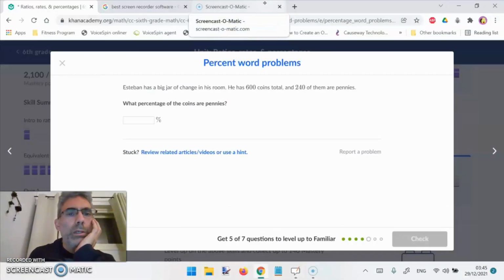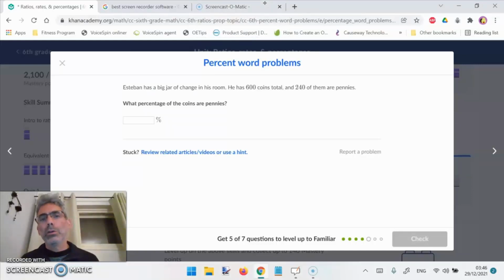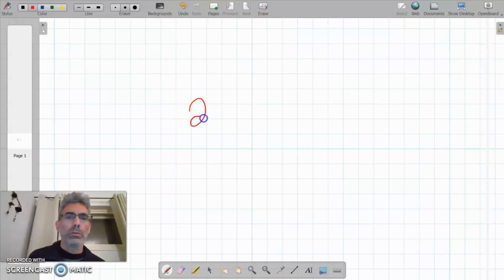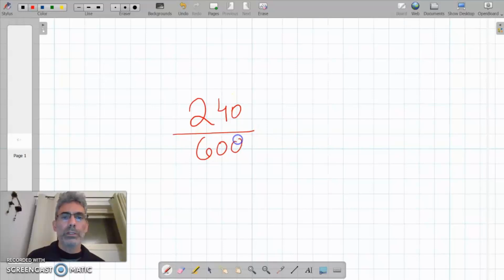Esteban has a big jar of change in his wallet. He has 600 coins in total, okay, and 240 of them are pennies. What percentage of coins are pennies? Okay. So we need to know how to translate 240 out of 600 to a percentage. 240 out of 600.